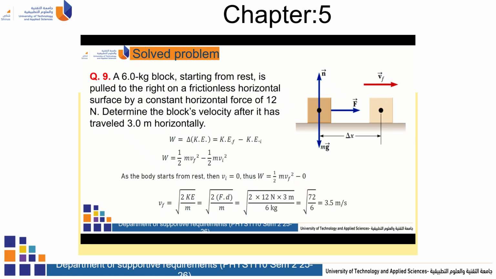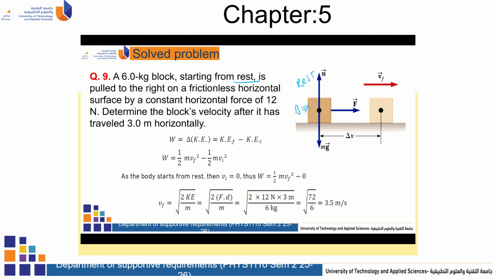And here is the next problem, question number 9. The question is a 6 kilogram block starting from rest. This is the box in this diagram, and this is the rest position of the box.